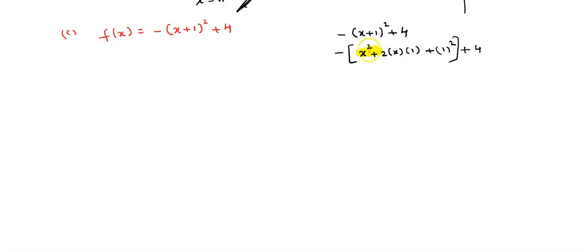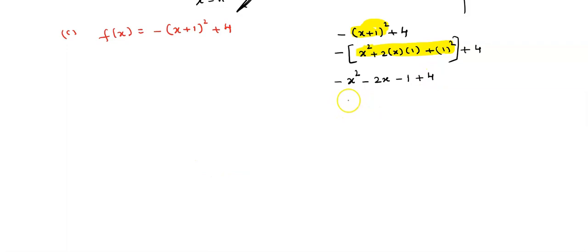I have just expanded this x plus 1 whole square. Done? Good. Now, negative: minus into plus is minus x square, minus into plus is minus, 2 into x into 1 is 2x, minus into plus is minus, 1 square is 1, then this is the plus 4.